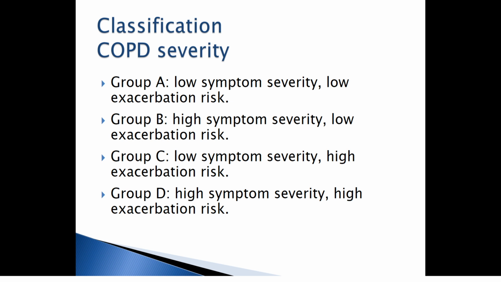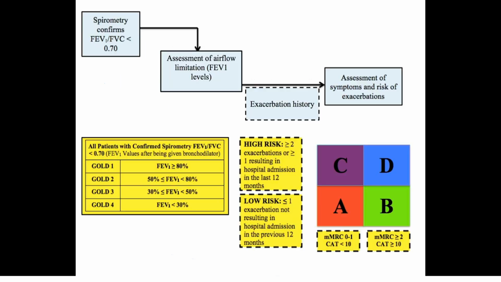And Group D, high symptom severity, high exacerbation risk. So now we include in this classification, like I told before, not only symptom severity, not only spirometric data, but also risk of exacerbation. And risk of exacerbation is very important for the patient's future life, and we have to use it.